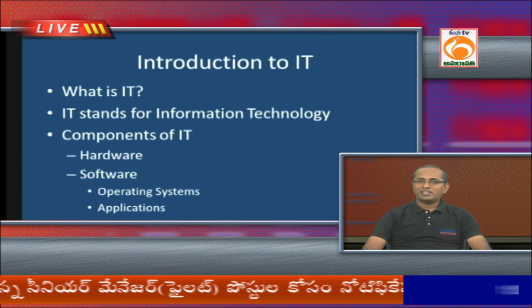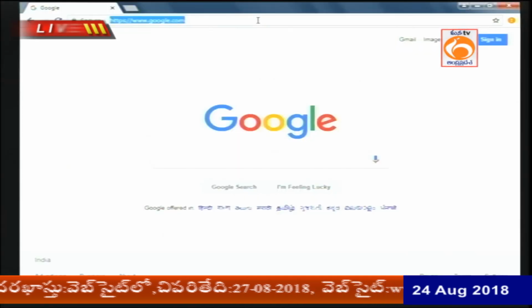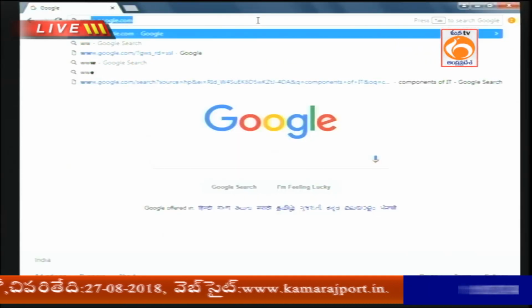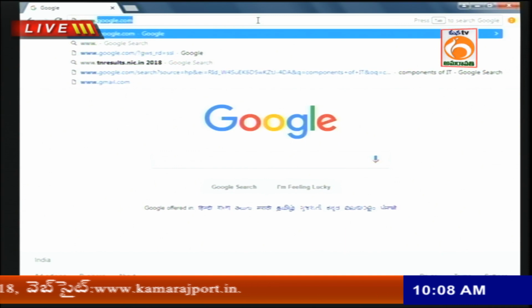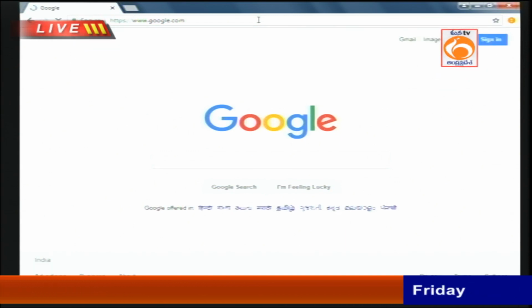So, let us quickly see how this works. We just open the browser and then type the domain name. Let us suppose we type www.google.com. So, we get the web page.